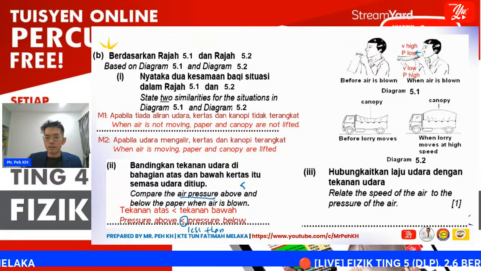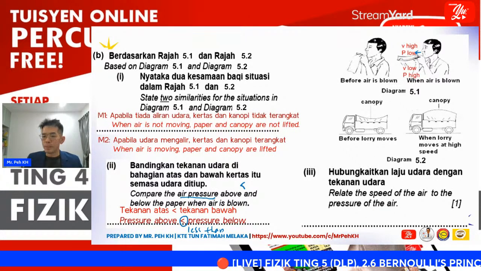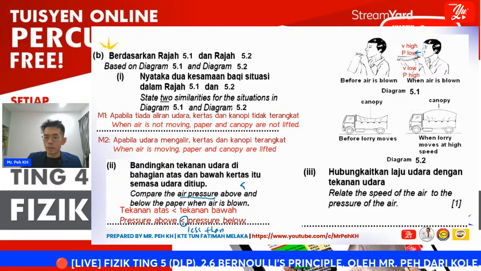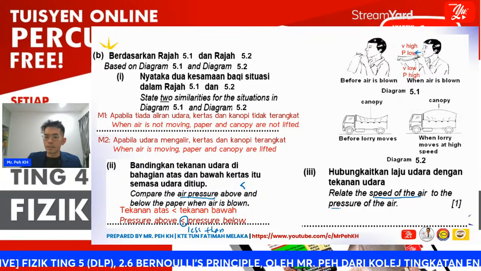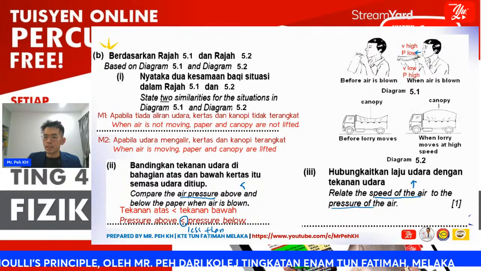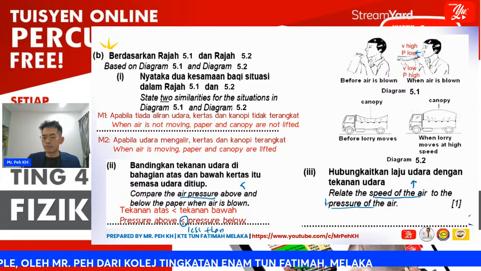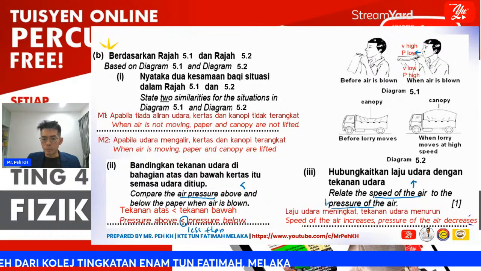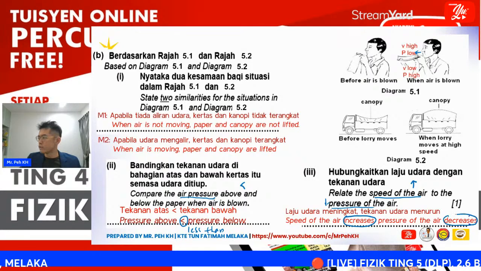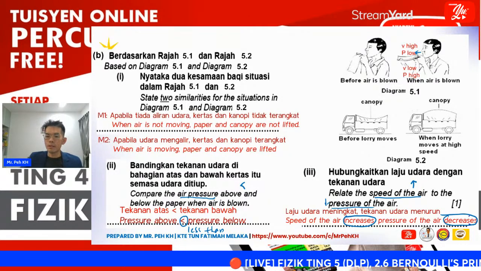For the third question, we relate the speed of the air to the pressure. You can just apply Bernoulli's principle: when the speed increases, pressure decreases, or vice versa. So here, as the speed of air increases, the pressure of air decreases. This is the answer.